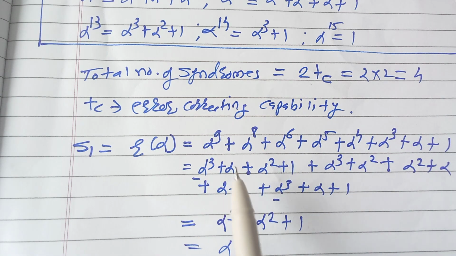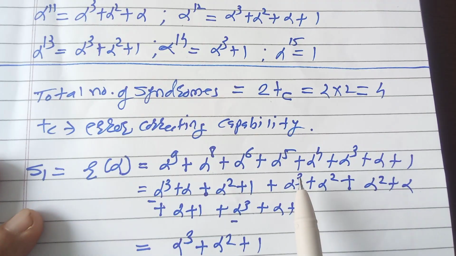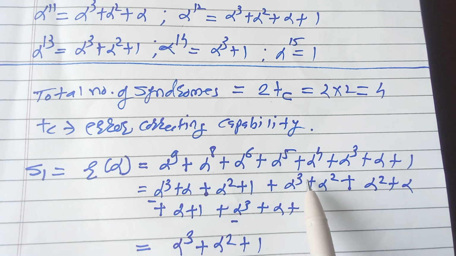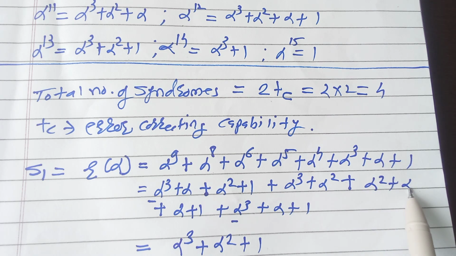So here you can see that this alpha cube gets cancelled out, because 1 plus 1 is 0 in binary. Then remaining is alpha cube, then alpha square plus 1. This alpha square gets cancelled out, this alpha and this alpha get cancelled out, so remaining is alpha square, then 1.